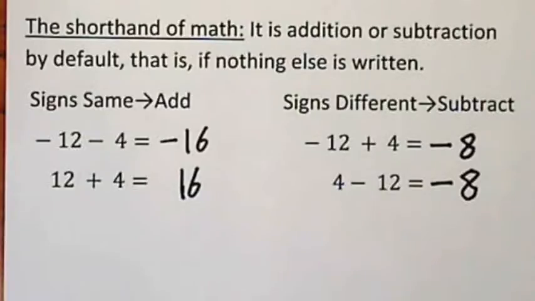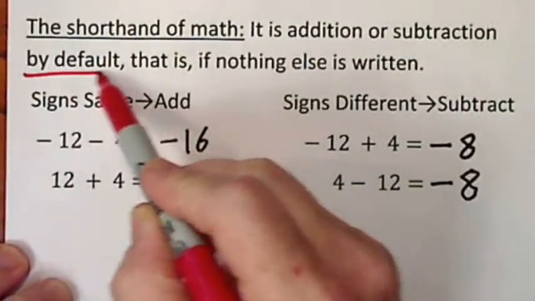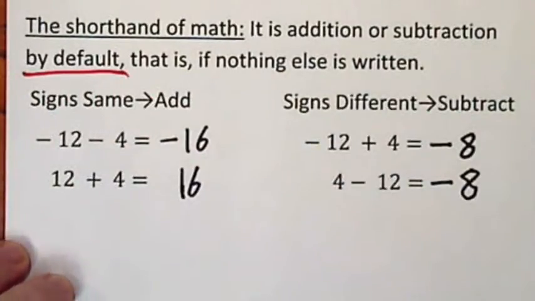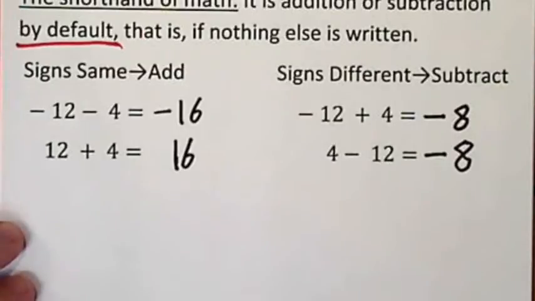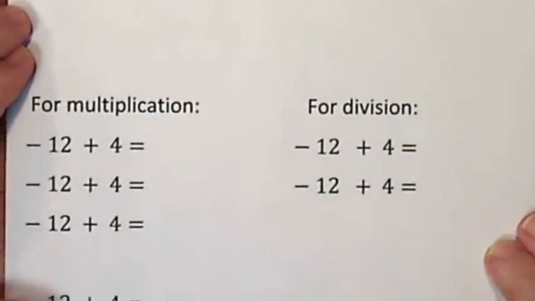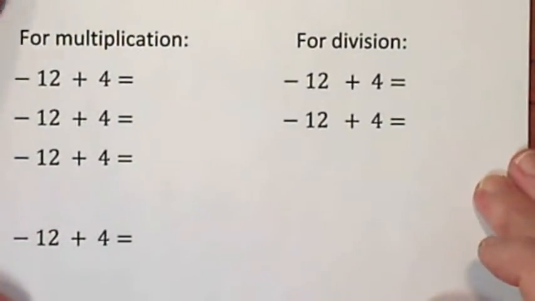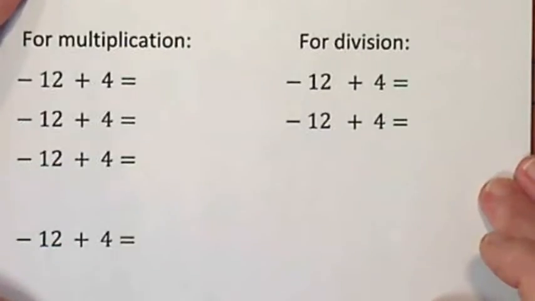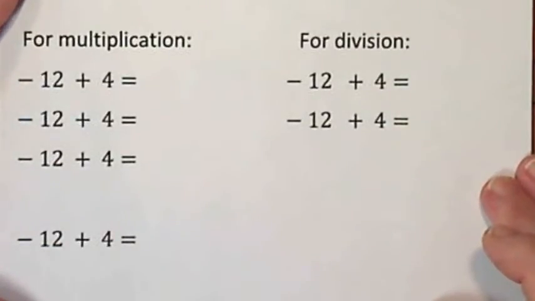So I want to talk a little bit about what I mean by it's addition or subtraction by default. Okay, so we'll take a look down here. By default, if I want you to multiply or divide, I have to put something on the paper that indicates multiplication.